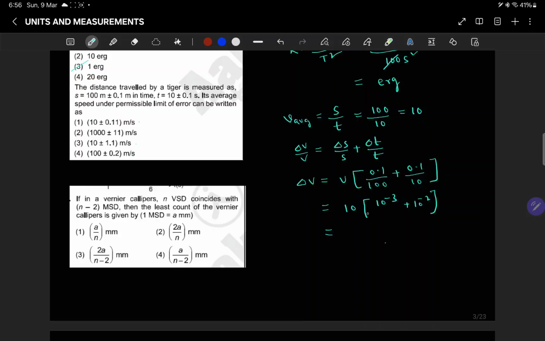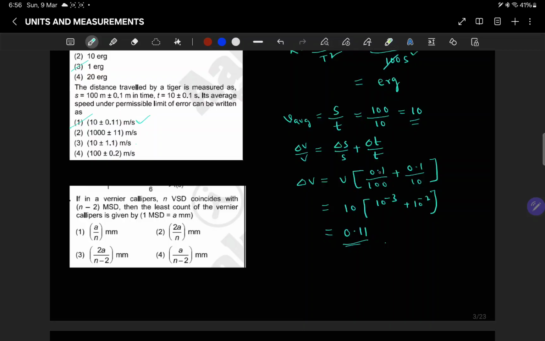After simplification here it is 0.01 plus 0.1 equals 0.11, students. So the 0.11 option is given here. Normal simplification, students. Now here the error delta V is 0.11 and V is 10, students.